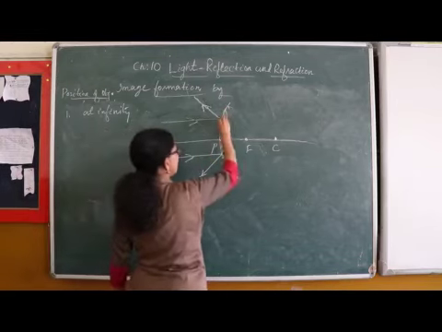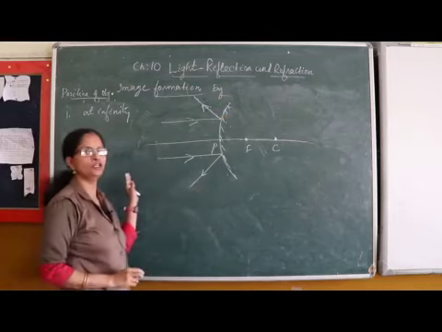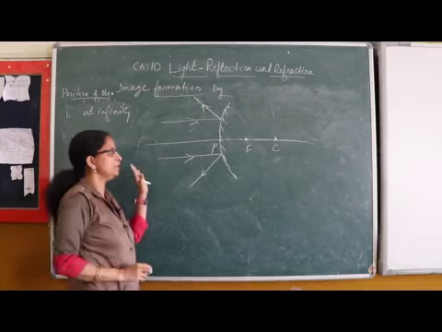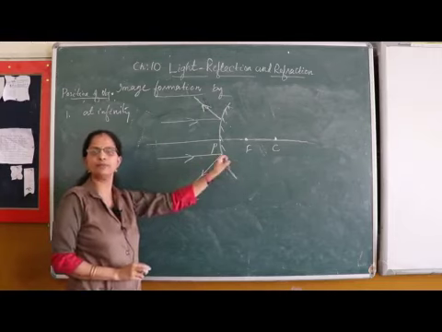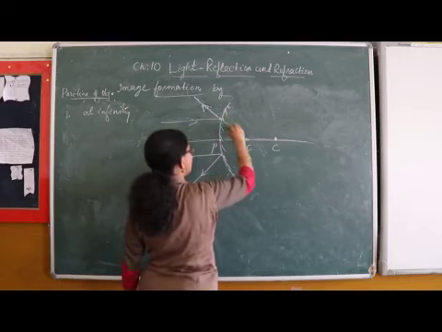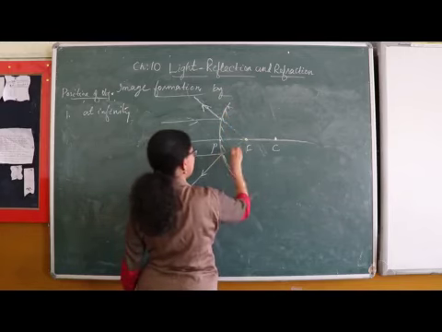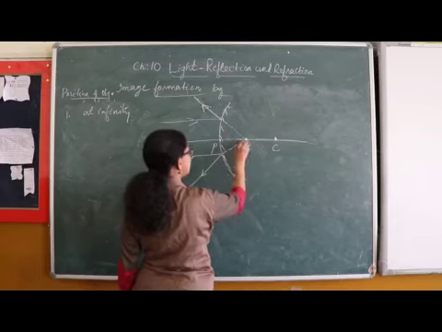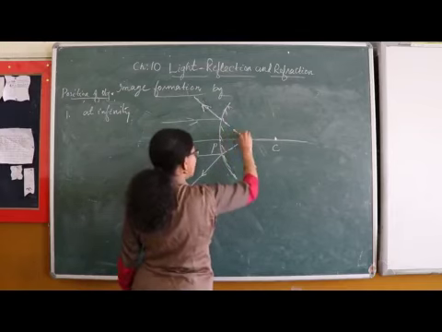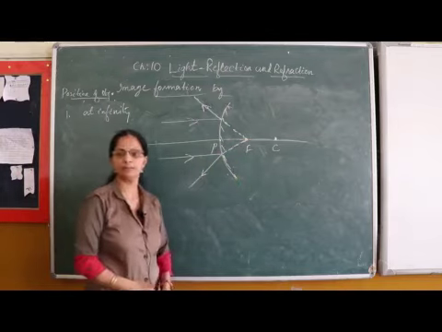When we extend back, we see that the image of the object at infinity is formed inside the mirror as a very point-sized image. We can understand how this image is formed by extending the reflected rays. When we extend back these reflected rays, they appear to come from a point known as the principal focus.